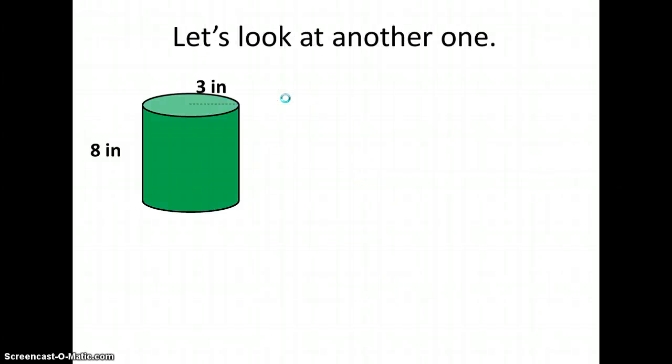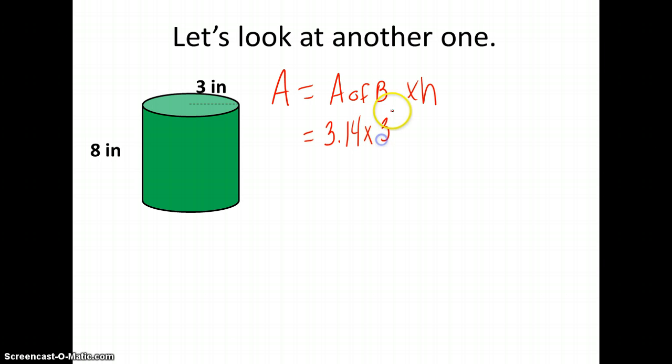Let's look at one more example. I would take my formula, volume equals the area of the base times the height. And remember, the base is a circle. So that would be pi times radius squared times my height, which in this case is 8. And using the order of operations, I would need to do exponents first.